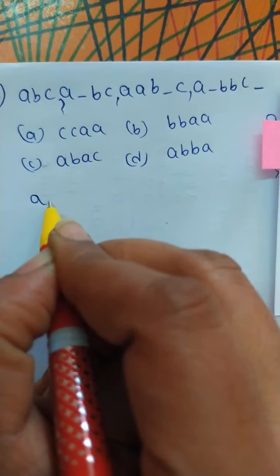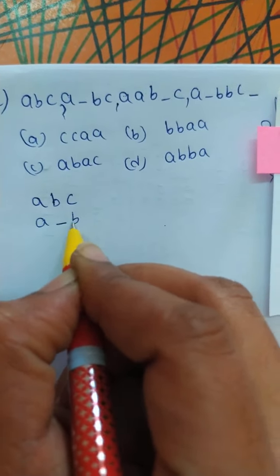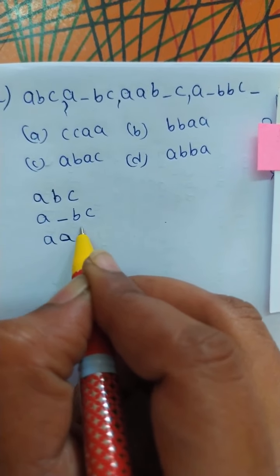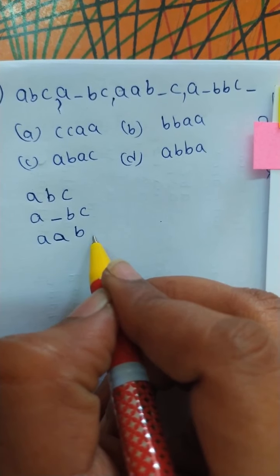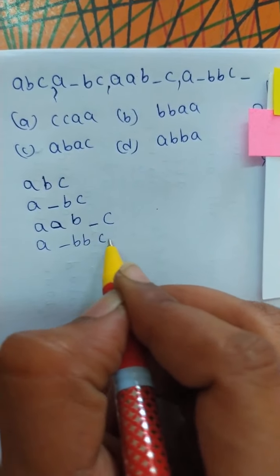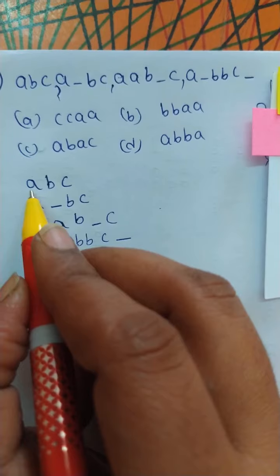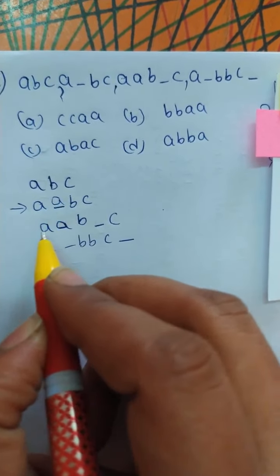Here the series is like this: A, B, C, A dash B, C, A, B dash C, A dash B, B, C dash. Here the first line is ABC. In the second line, A is repeated.